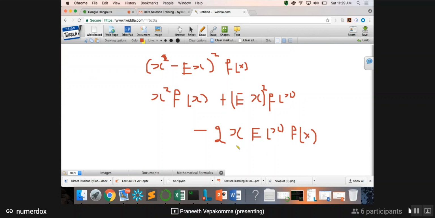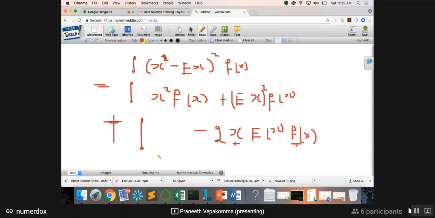Let's look at this. So x times f of x, and you're having summation everywhere, by the way. There's an integral here, right? That was the original formula. So this is equal to this plus this integral, right? I hope you do not disagree. This is just the (x plus b) whole square formula. Now what you see here is the integral of x times f of x itself is the expectation. That's the formula for expectation.